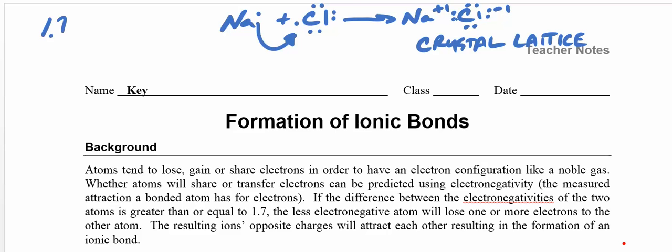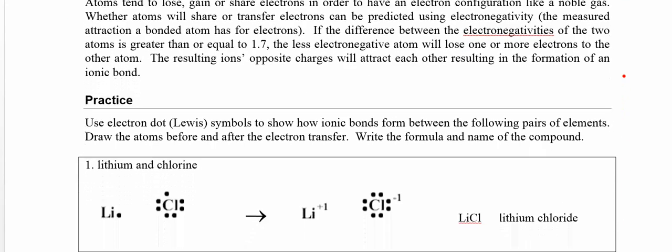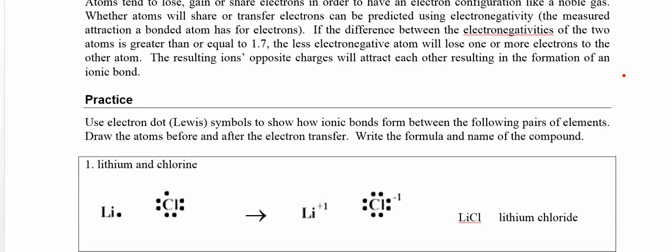So that's an example. Let's take a look at a couple of other examples. Let's take a look at this one right here. Lithium and chlorine. Now we know that lithium is on the left side of the periodic table, so it is a metal, right? When a metal and a non-metal come together, the result may be, if the electronegativity difference is 1.7 or greater, an ionic bond.